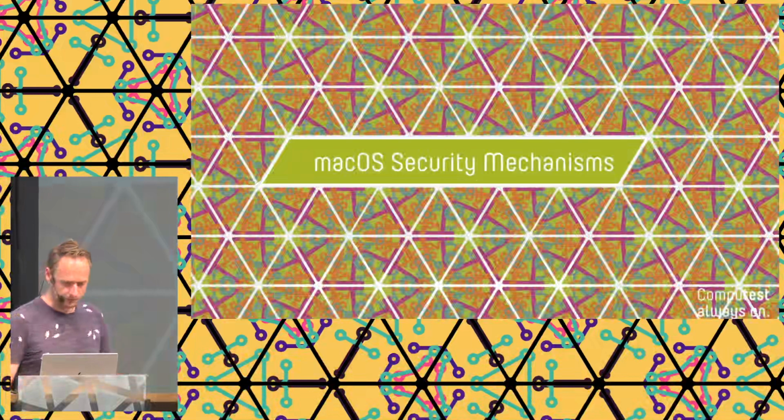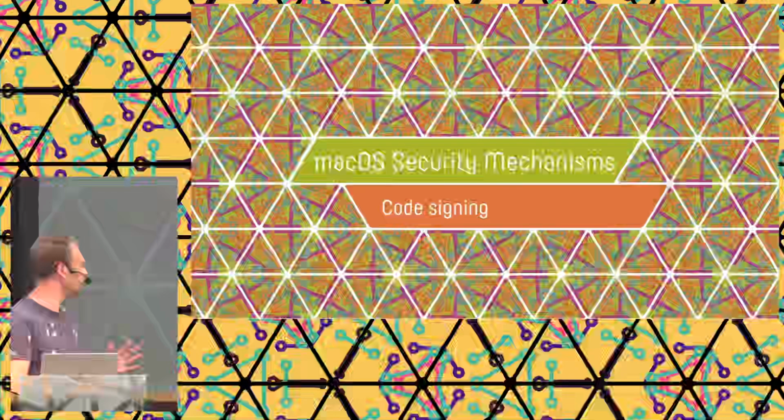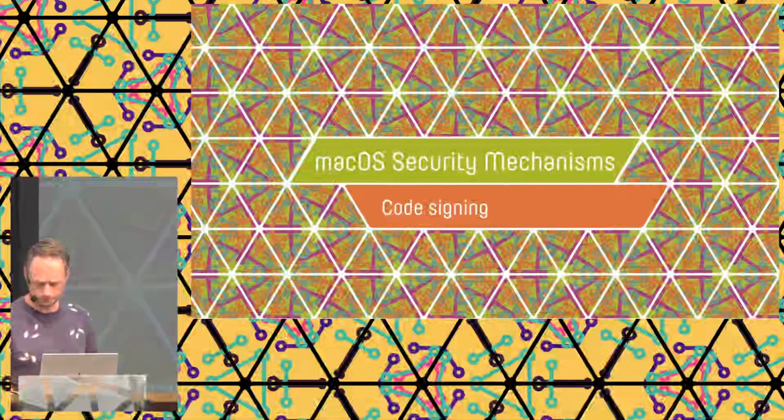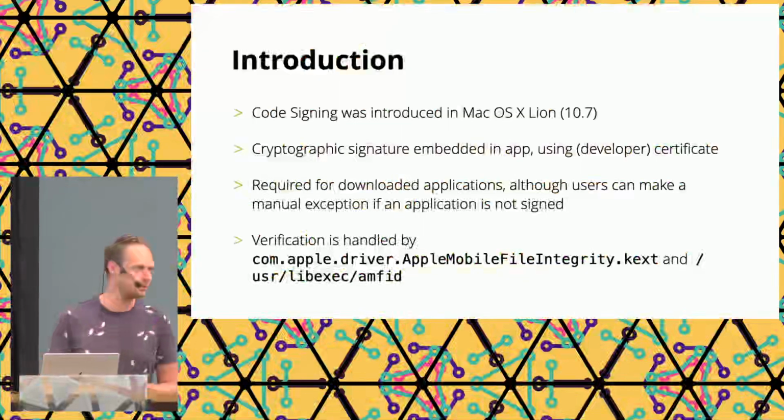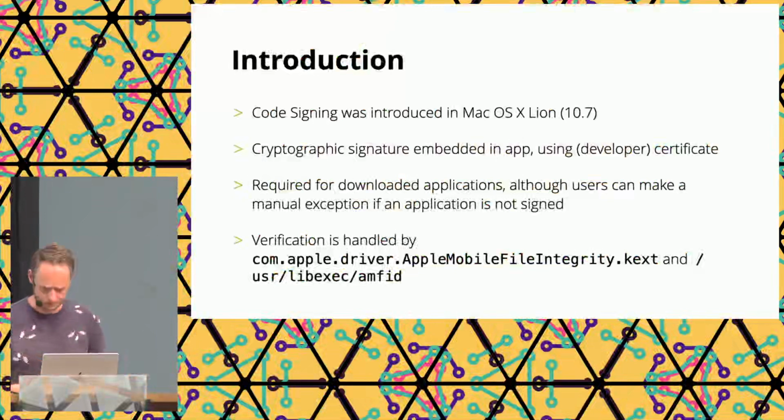So there are a couple of security mechanisms in macOS, and I'm going to cover them one by one. And the first one is code signing. Code signing was introduced in macOS Lion, and it means that every binary now has a cryptographic signature.